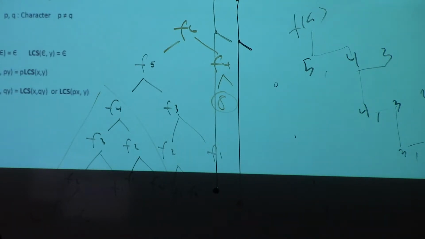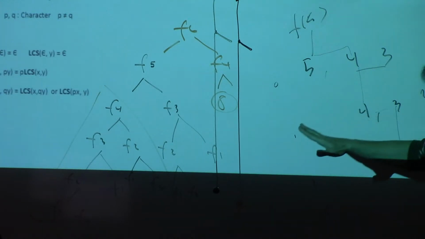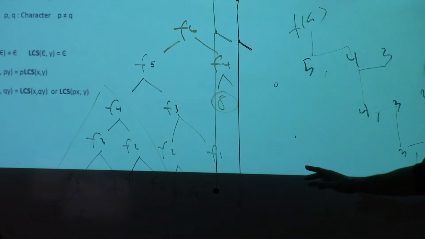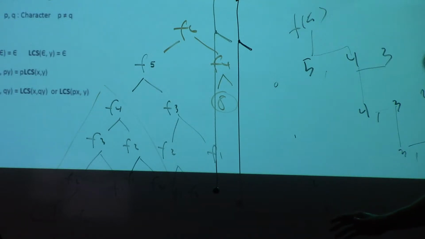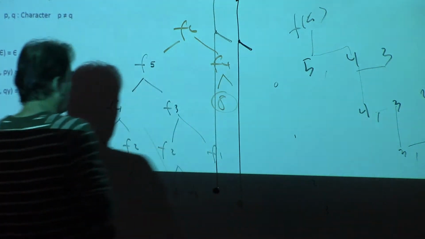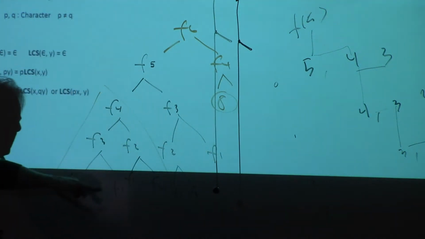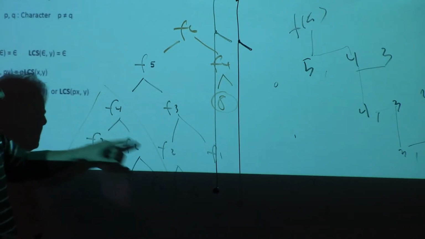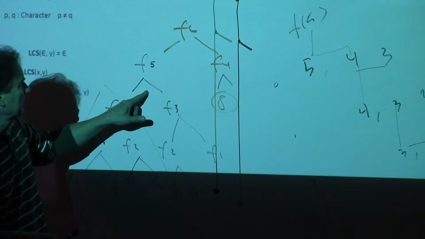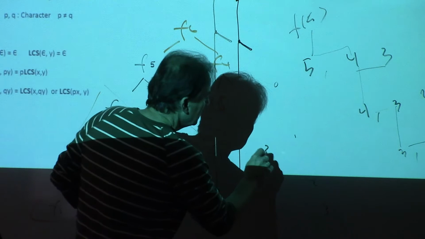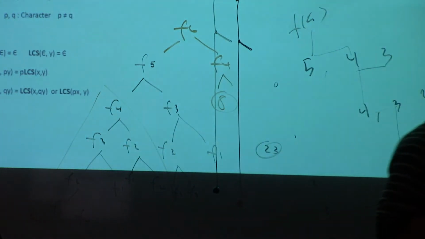So if I were to execute this algorithm recursively, I would have to pay unity cost for every single node. So we can count them all. 1, 2, 3, 4, 5, 6, 7, 8, 9, 10, 11, 12, 13, 14, 15, 23. So there will be about 23 units of cost.